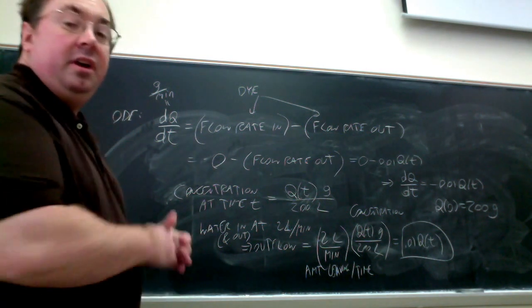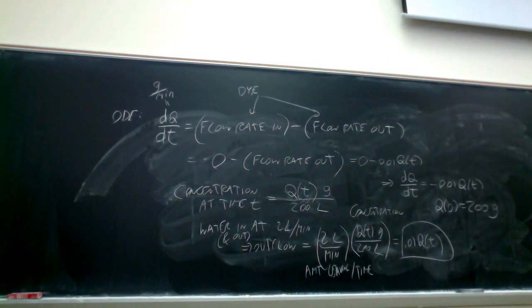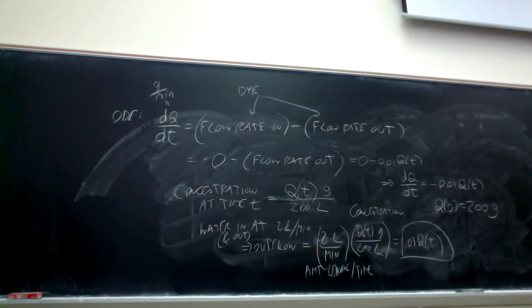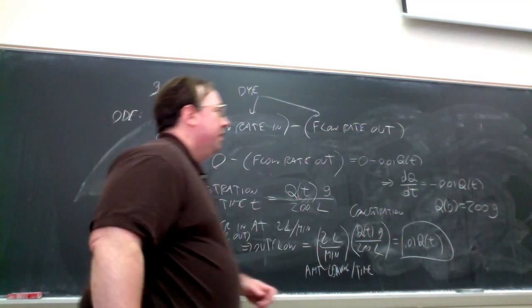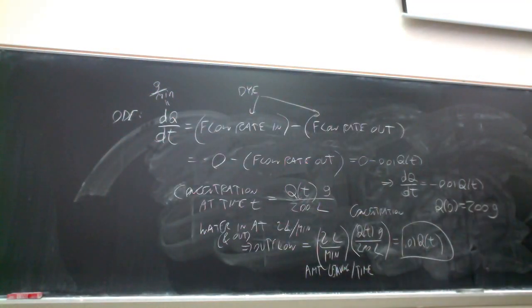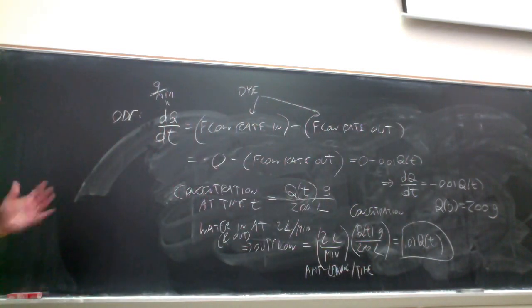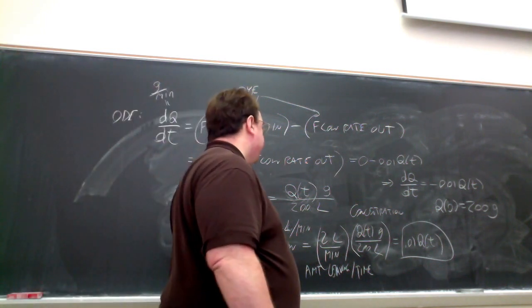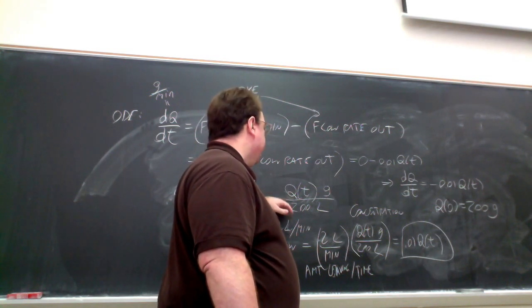Questions about where the flow rate out comes from? It's just the amount of whatever substance is leaving per unit of time multiplied by the concentration. That's it. And concentration is the amount divided by the total amount of solution.